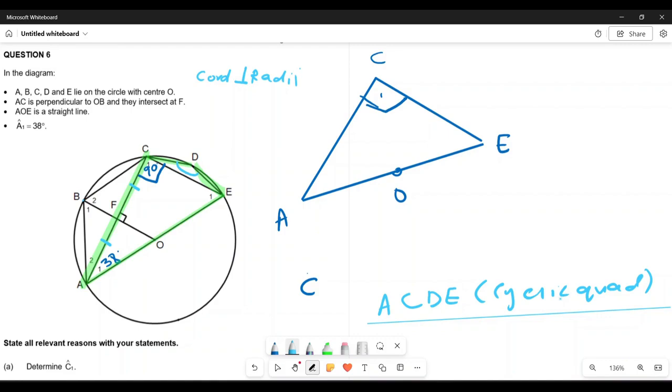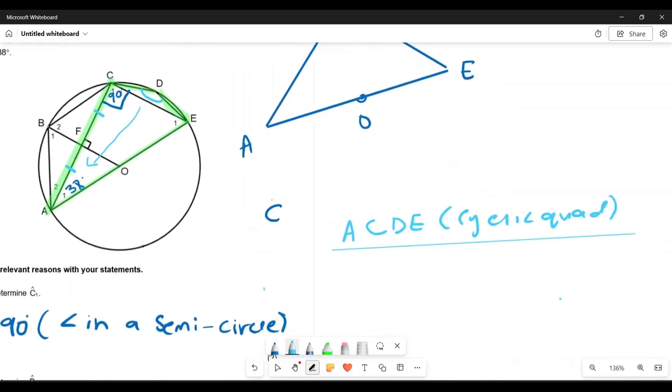Now, can you see that this angle D is opposite to my angle A1? And what do we know about opposite angles of a cyclic quad? They are supplementary, right? So here I'm going to say angle D plus A1 is 180. And why is this? These are opposite angles of a cyclic quad.